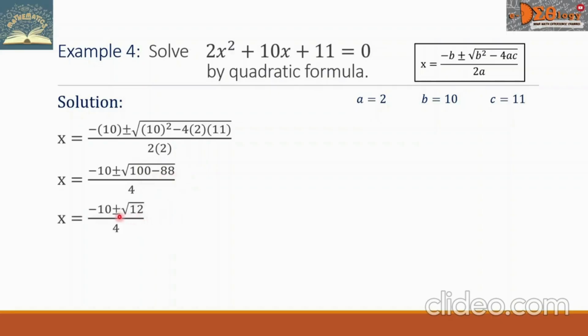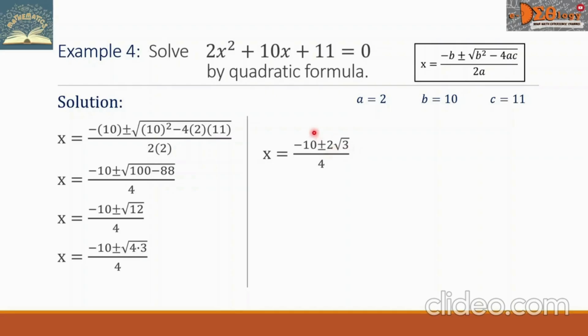Now we simplify the square root of 12. This is not a perfect square number, so we simply take the factors of 12, one of which must be a perfect square number. So we have the square root of 4 times 3. And we know the square root of 4 is 2. We can pull it out of this radical sign. So we have now 2 square root of 3.